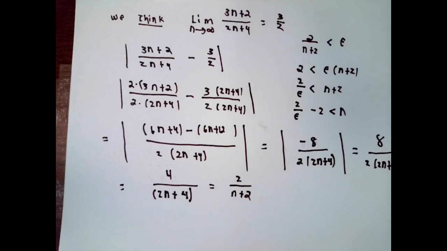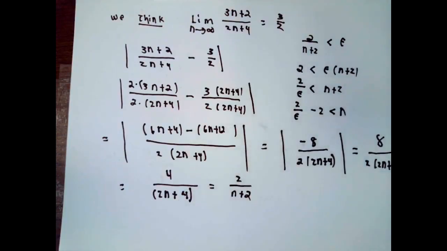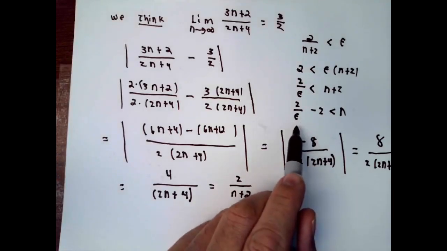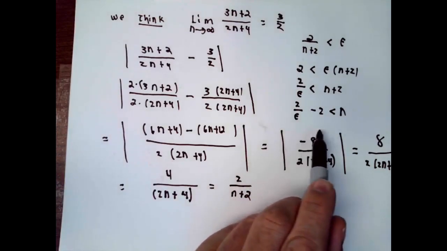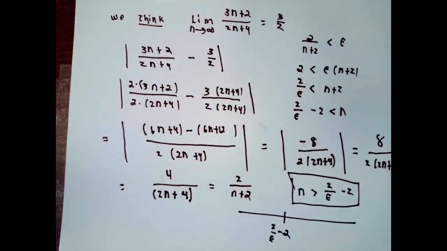So, given an epsilon bigger than 0, for which index little n is this going to be true? Multiply through by the positive number n plus 2, divide through by the positive number epsilon, subtract 2 from both sides, and it develops that 2 over epsilon minus 2 needs to be smaller than the index little n. Of course, 2 over epsilon minus 2 may not be a whole number.